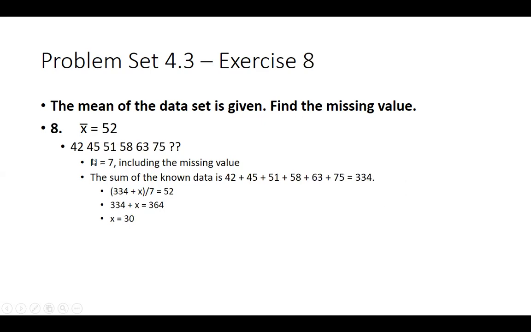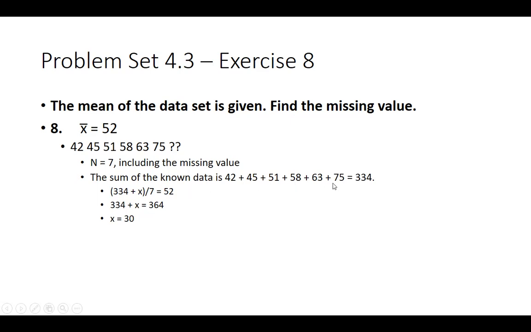We're doing this again. Again, we have 1, 2, 3, 4, 5, 6 out of 7 pieces of data. We're given that the mean of the data is 52. So that means that if we add up all 7 and divide by 7, we get 52.